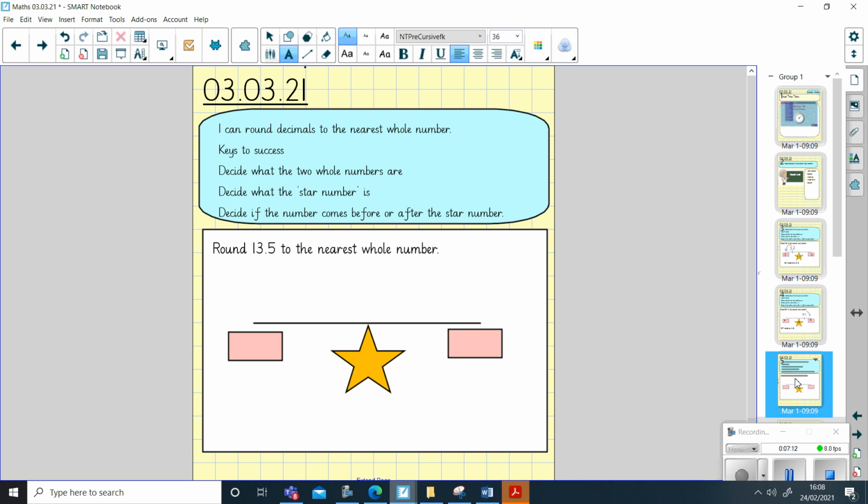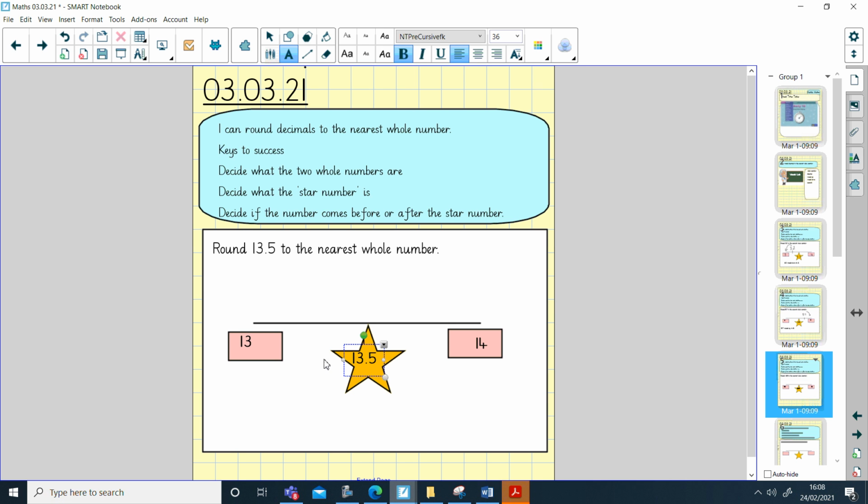Let's have a look at another one. So this time I've got 13.5. So I'm going bigger now with my numbers. So 13.5, thinking about my whole numbers that it could round to, 13 or 14. Then my star number is going to be, remember it's a 0.5, and this time it's going to be 13.5.